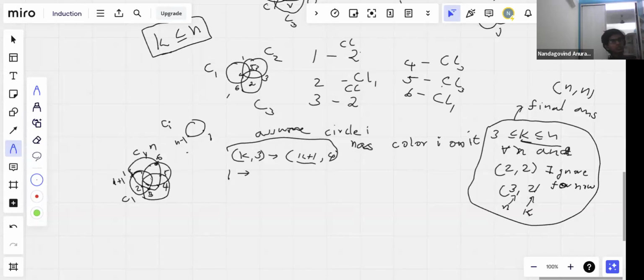The only thing is that you want to ensure that the new circle you're adding has only k plus 1 distinct colors on it. The only issue with the argument you're giving is that it becomes very hard to control what j it is on each circle.